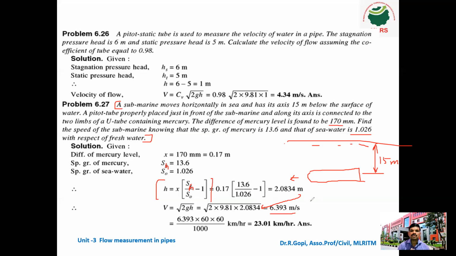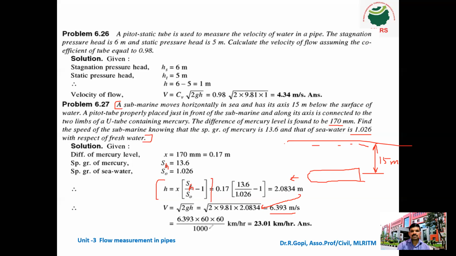So the submarine moves with a velocity of 6.393 meter per second. Mainly, submarine velocity is given in terms of kilometer per hour. So we have to convert meter per second into kilometer per hour. For that we multiply by 60 into 60 divided by 1000.